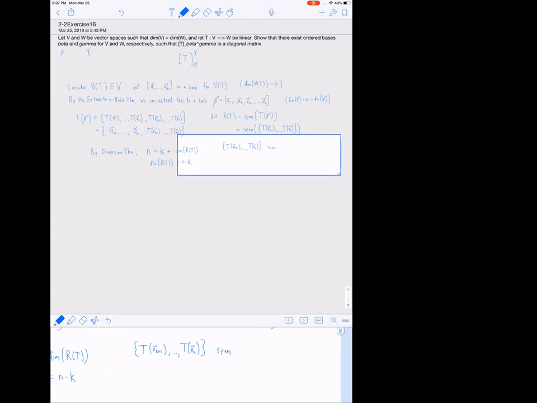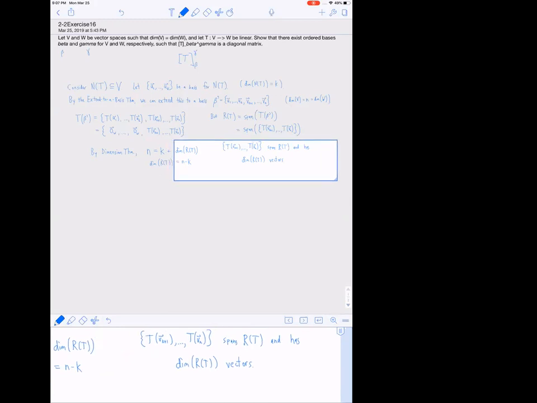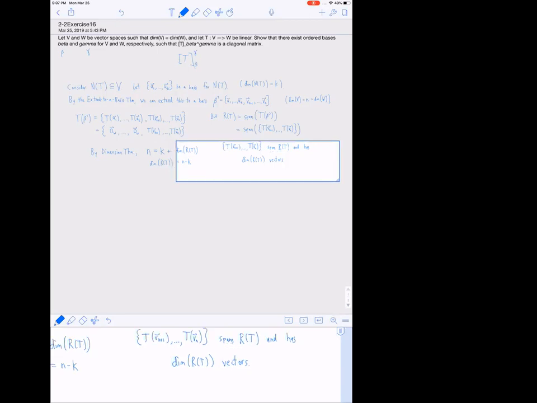It spans R of T and has the dimension of the range of T vectors. So if you have the right number of vectors in your set, namely the size of the dimension of the vector space, then being a spanning set also implies that you are linearly independent.